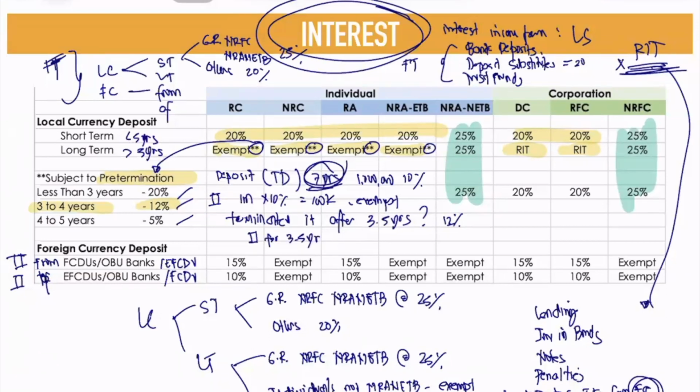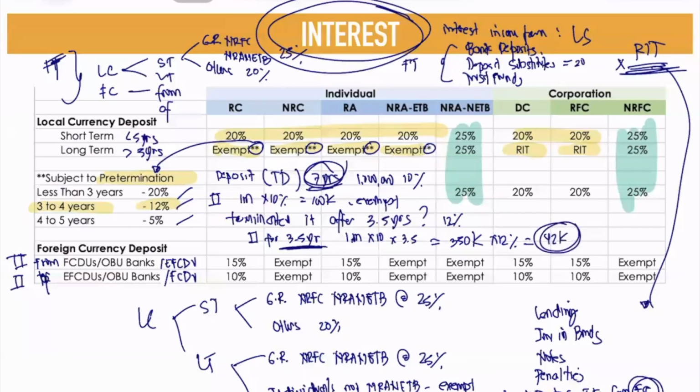That is 1 million times 10% times 3.5 years, so we have here 350,000. That is the total interest income for the 3.5-year period. You multiply it now by our tax rate of 12%, then our total tax is equal to 42,000. So the tax due now is 42,000.